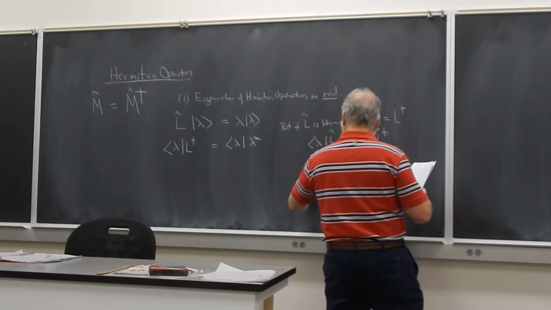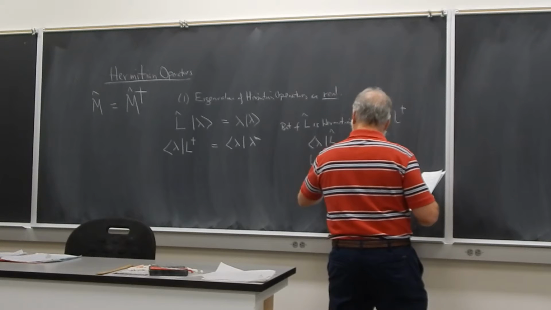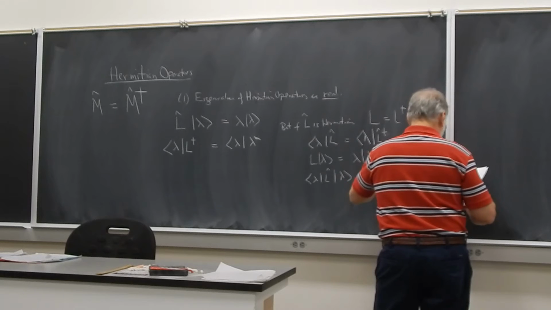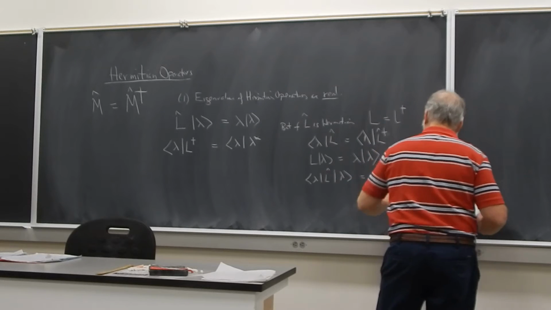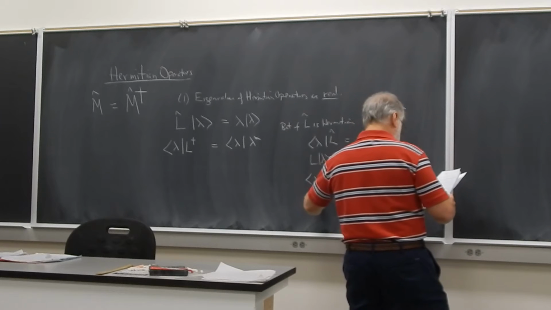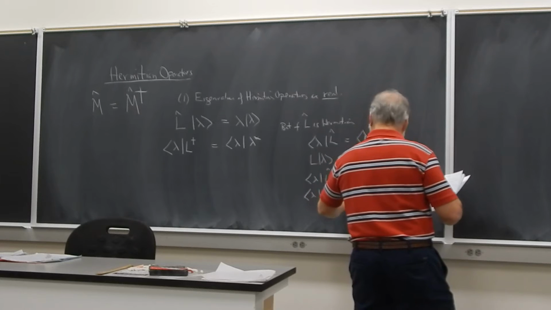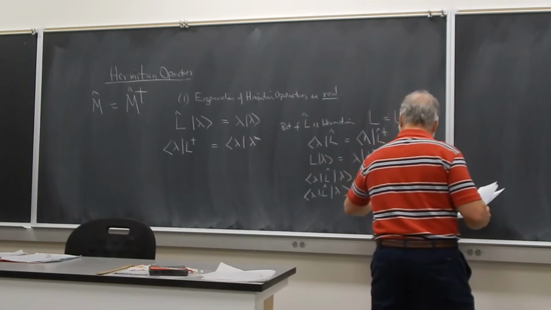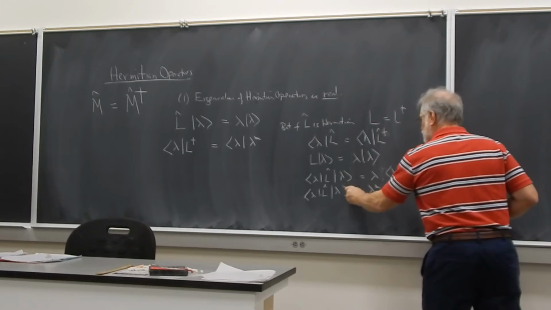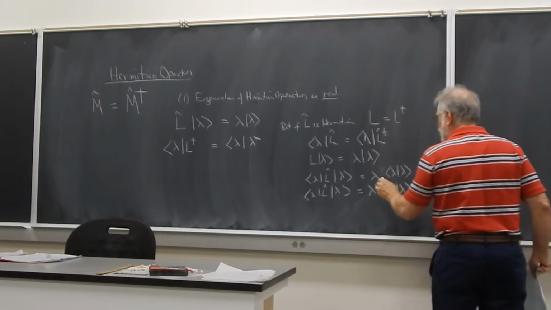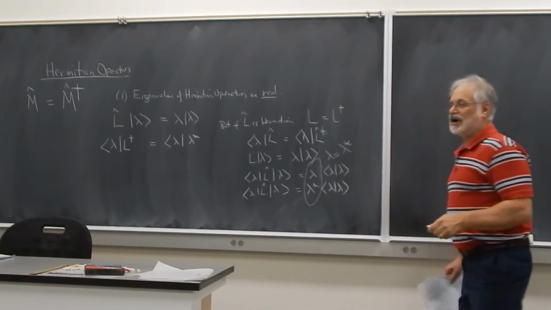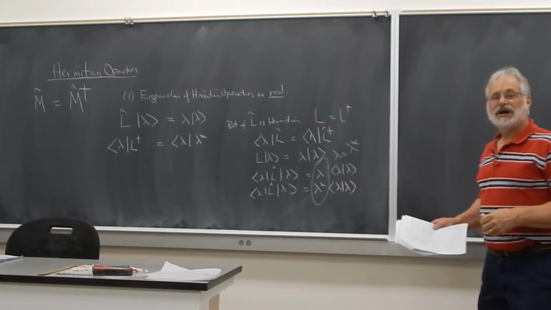I get bra lambda L ket lambda is equal to lambda times bra lambda ket lambda, and I get bra lambda L ket lambda is equal to lambda star times bra lambda ket lambda. Notice two things equal to the same thing are equal to each other. That means, of course, that lambda must be equal to lambda star, which is telling me that the eigenvalues are all real.